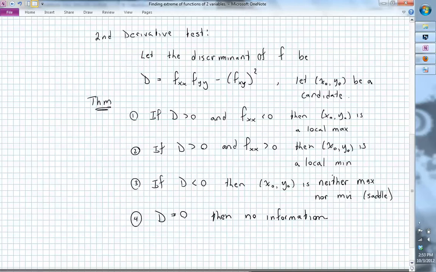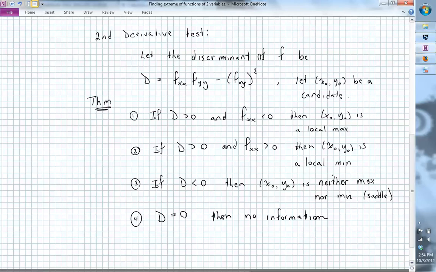Well, luckily now we can fall back to good old Calc 1, because this is really just the concavity. The discriminant is positive, so it must be one or the other, a max or a min. Let's look at the concavity. Here, this is concave down, so it must be a local max. This is concave up, so it must be a local min. So if D is bigger than 0, then essentially you're back in Calc 1 land.